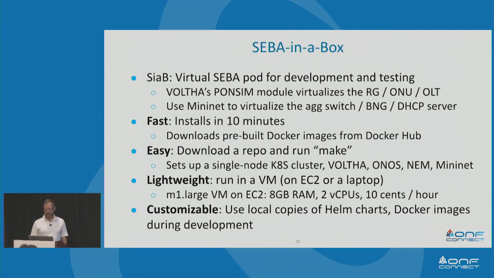So it's pretty easy to get up and running with it. And it's also customizable, SEBA-in-a-Box. So you can use local copies of Helm charts and Docker images. So if you're doing development, you're trying to test out specific changes, it's easy to do that in this context.